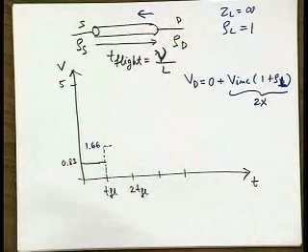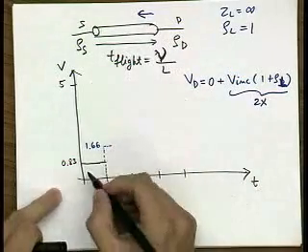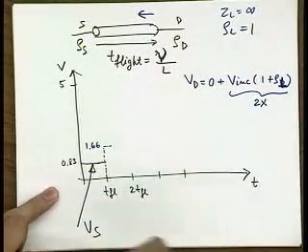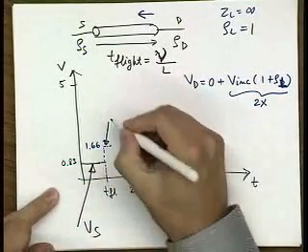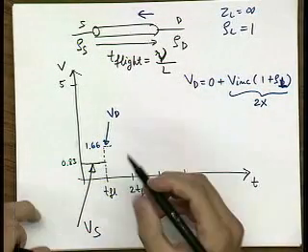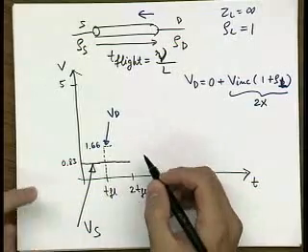And once it reaches the source side, this is the Vs, and this is the Vd. So this still stays at the same level.